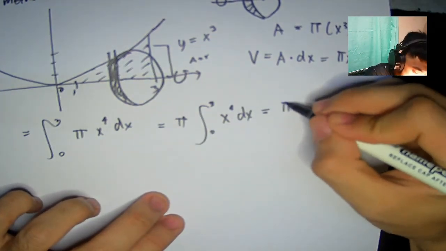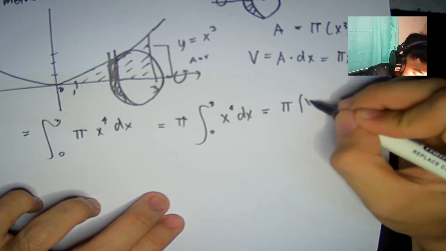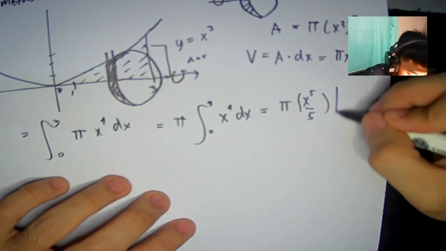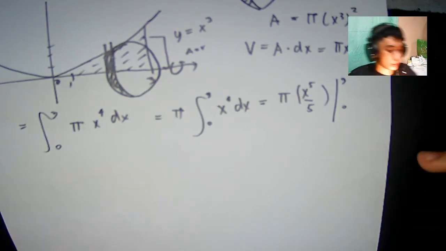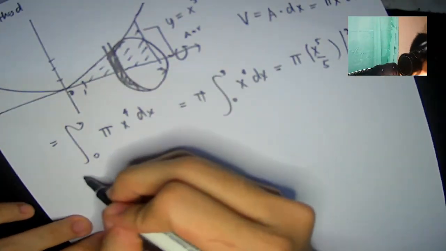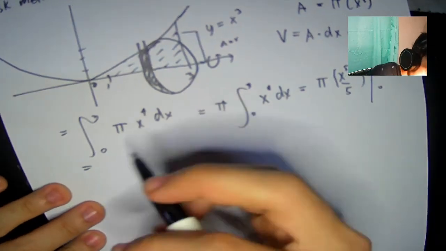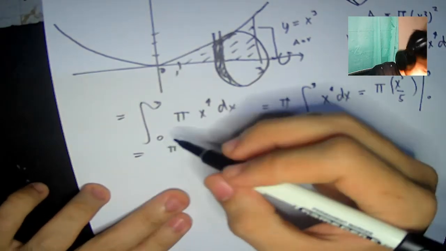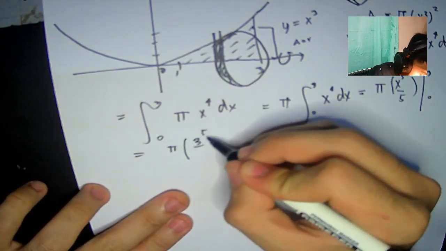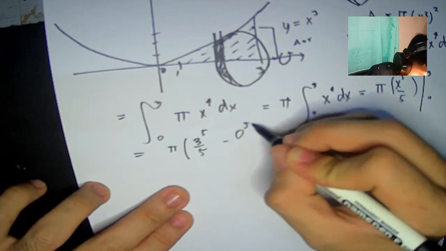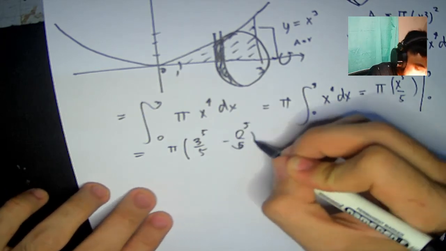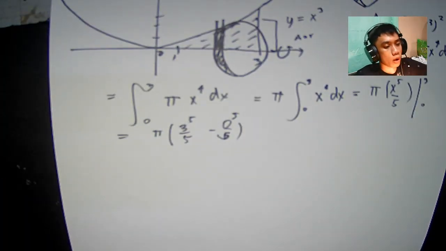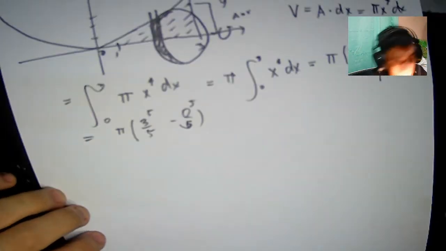So pi times x to the 4 plus 1, which is 5, over 5, from lower to upper limit, so we have the upper minus the lower. Substitute. So pi times 3 to the fifth power over 5 minus 0 to the fifth over 5. Let's just disregard the 0, because 0 in any power is just 0 again.